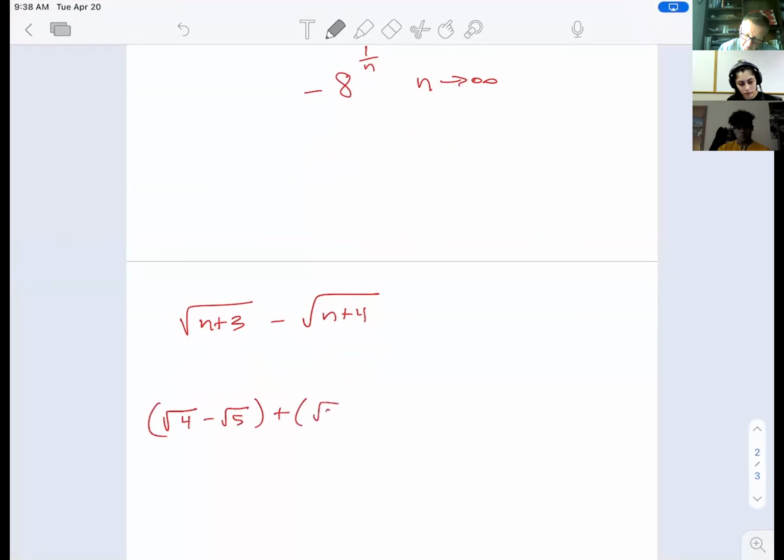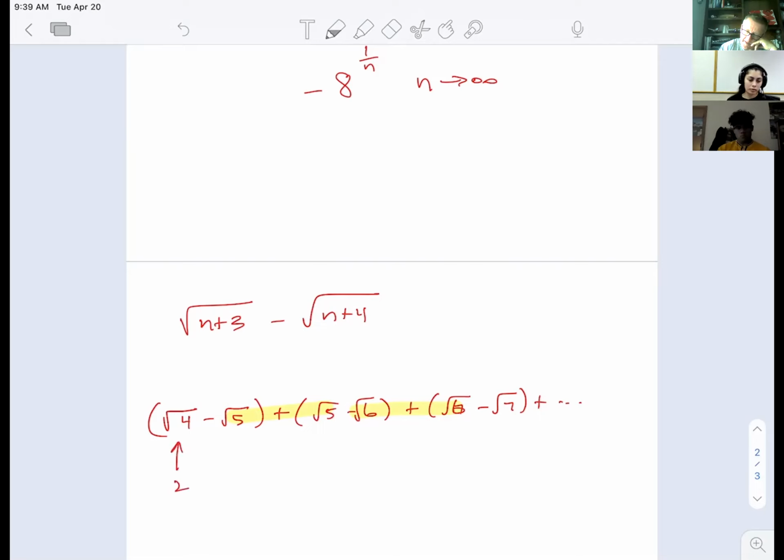And then I'd have the square root of 5 minus the square root of 6, and then the square root of 6 minus the square root of 7, so on and so forth. So as you pointed out, if I repair these so that these two are paired, those go to 0, those go to 0, then I'm certainly going to have this 2 left over in the front.